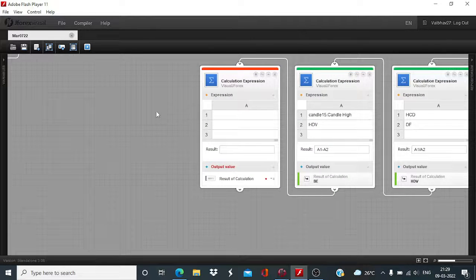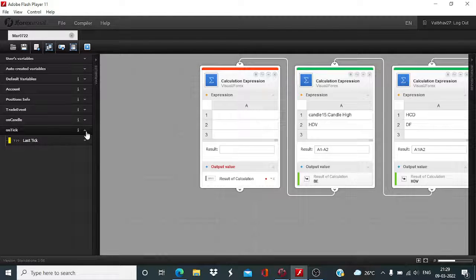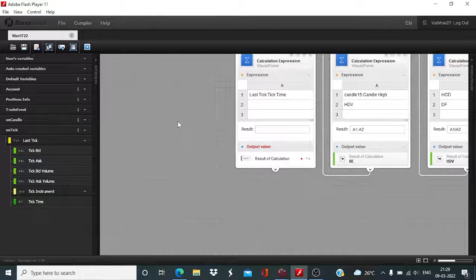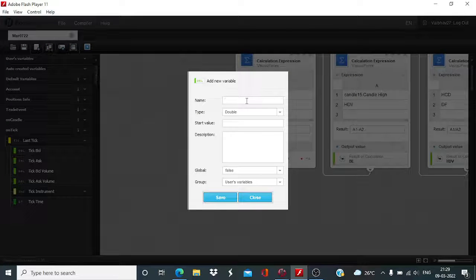For defining the order validity of 1 hour, we are going to need last tick time. Alright, and in 1 hour there are 3.6 million ticks. So I will have to create a variable which we will name TT with the value of 3.6 million. I hope I am right in my counting. If not, you can correct me.